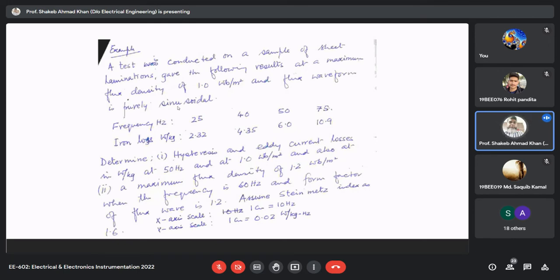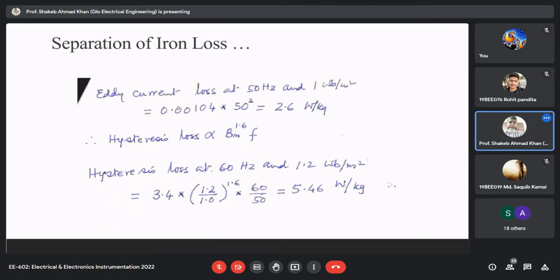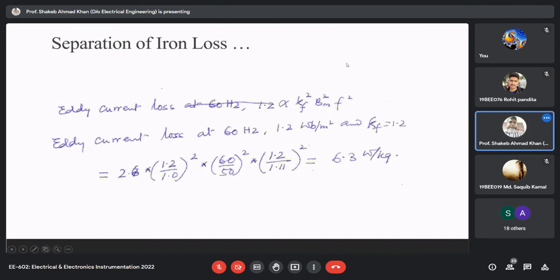Obviously, if it is not purely sinusoidal, then it will have higher order harmonics. So because of the higher frequency harmonics, eddy current losses will increase. Here you see your eddy current loss is directly proportional to the square of the form factor, the square of the frequency, and the square of the flux density.